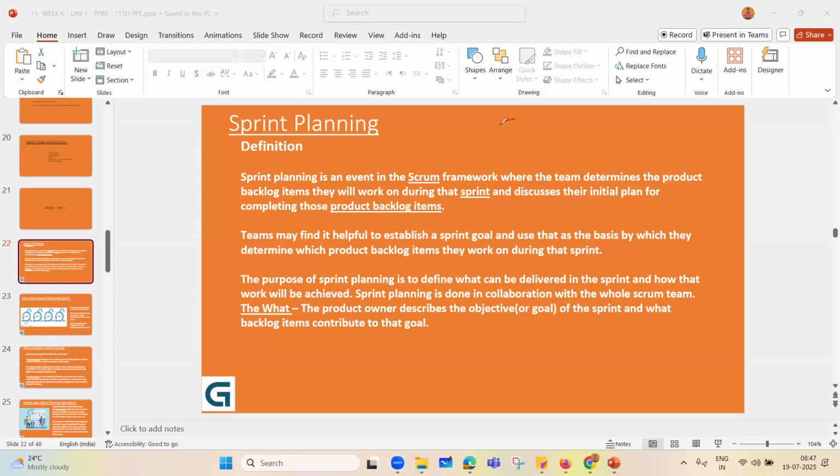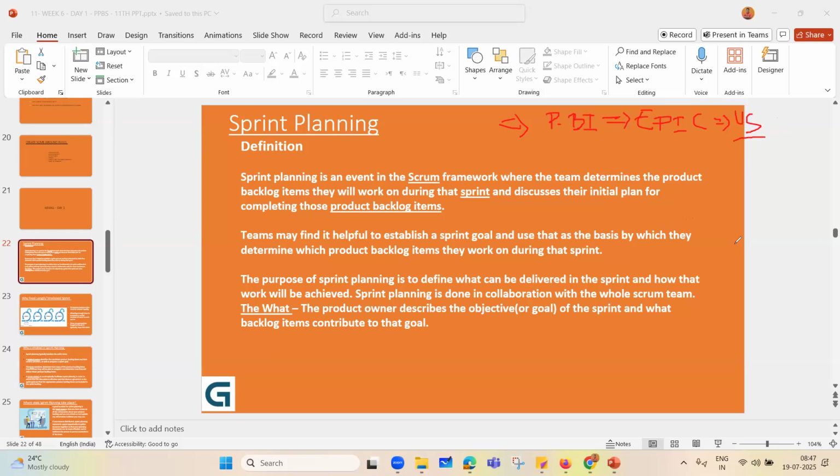You said that prioritized product backlog items come in, not the entire items. Here epics are not entering. We are talking about the epics broken down into multiple user stories that we are taking into consideration to define our work.